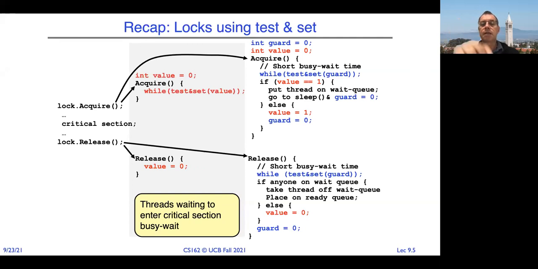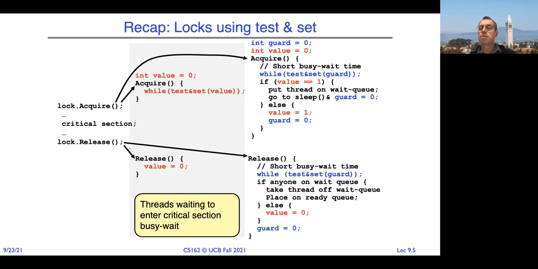Now look at the same example, implementing acquire and release using test and set. We again went through two iterations. The first was very simple: while test and set value, where value is the lock value. Test and set returns the previous value of its internal variable and then sets that variable to the new value. If the previous one was 0, it returns 0, which means the lock is acquired, but now it is set to 1.